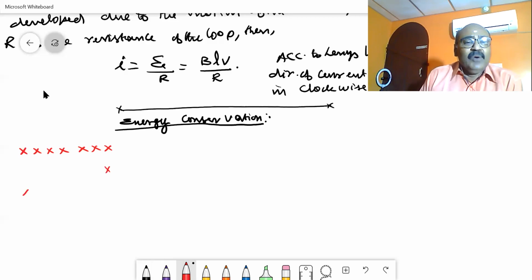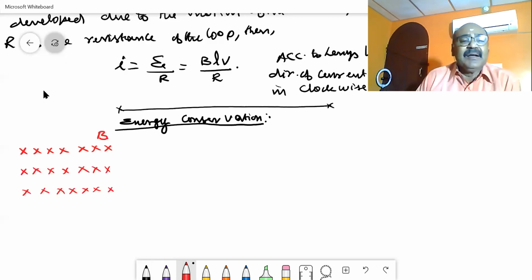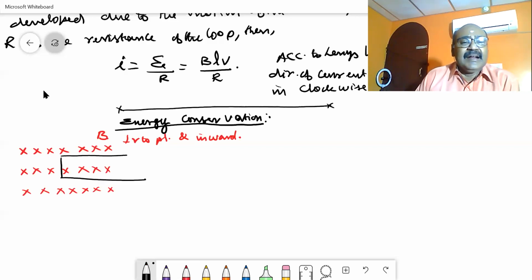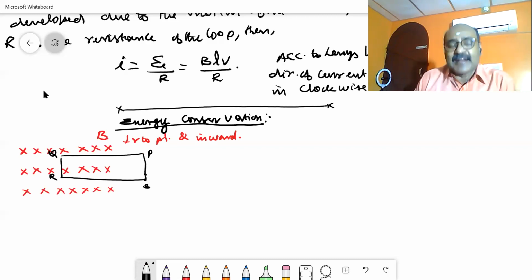Inside this uniform magnetic field B, perpendicular to the plane and acting in the inward direction, I am considering a loop PQRS placed in such a way that part of the loop is inside the magnetic field and the remaining part is outside.